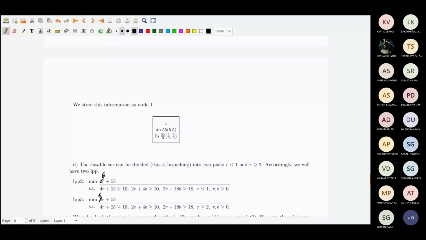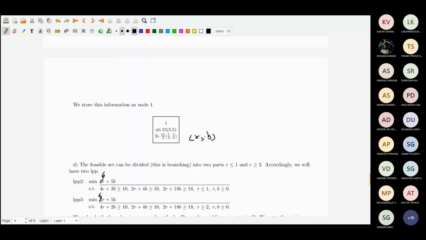And notice that, so these are our coordinates R, B. Now notice that at the optimal solution that I am seeing, that value is attained at 5 by 3, 5 by 3, and 5 by 3. The R value, 5 by 3, first coordinate, lies between R less than equal to 1 and R less than equal to 2.